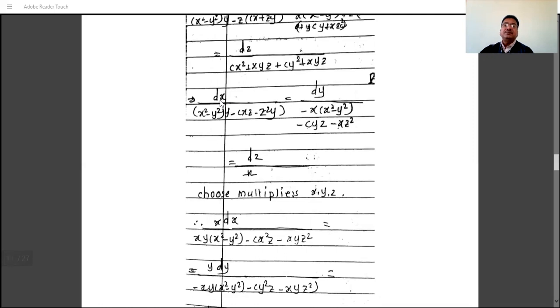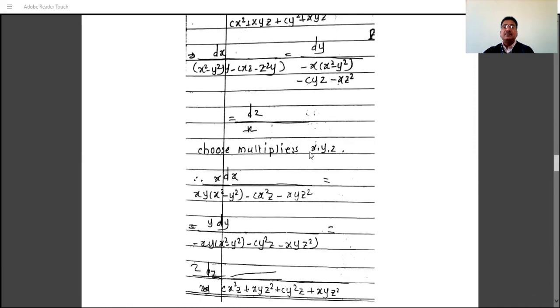And this equation is of the form dx by p, dy by q, dz by r. And we know there are two basic methods to solve this type of simultaneous equation: either consider any two ratios in which the third variable is absent, or find the multiplier such that x into p plus y into q plus z into r is equal to 0.